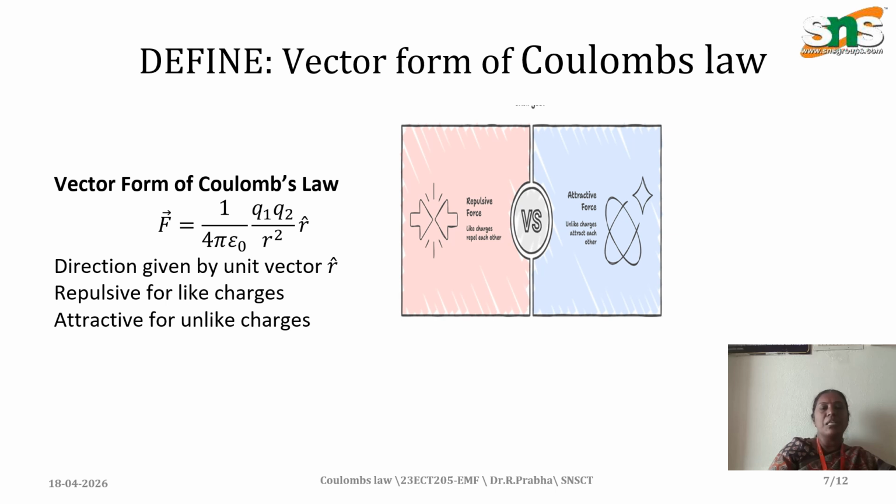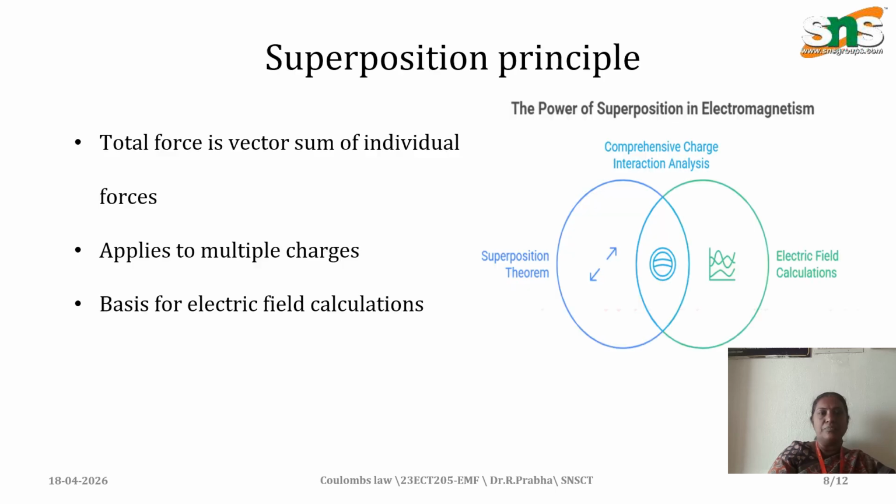The term epsilon naught is the permittivity of free space, and its value is 8.854 into 10 power minus 12 farads per meter. This is the permittivity value of air or free space. The force is repulsive for like charges and attractive for unlike charges.